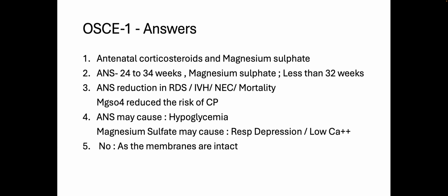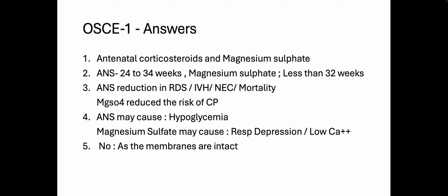So the main advantages of antenatal steroid, most of us know, are a reduction of RDS, intraventricular hemorrhage, necrotizing enterocolitis, and mortality. And magnesium sulfate reduces the risk of CP, moderate to severe CP. The antenatal steroids may cause hypoglycemia, but that's quite manageable and doesn't need any correction as such.